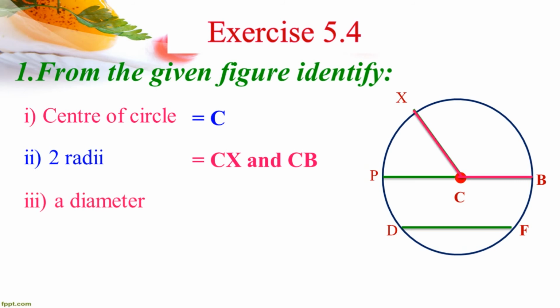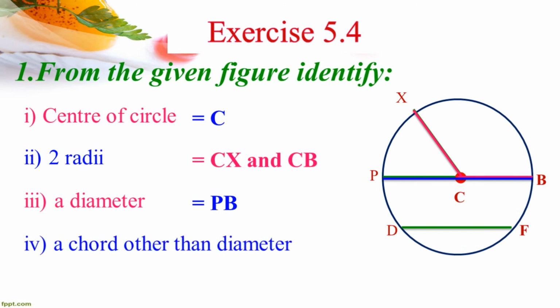Next, diameter. Here the diameter is BP or PB. Next, a chord other than diameter. So here the chord is DF. Next, an arc. So here the arc is XP or PX.